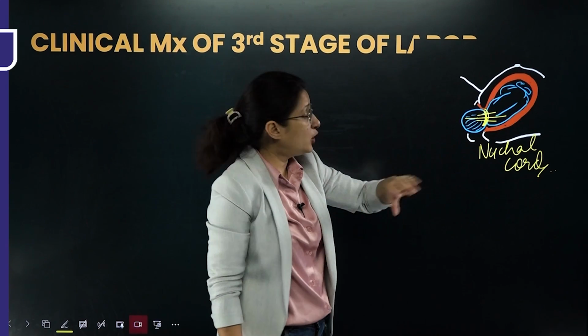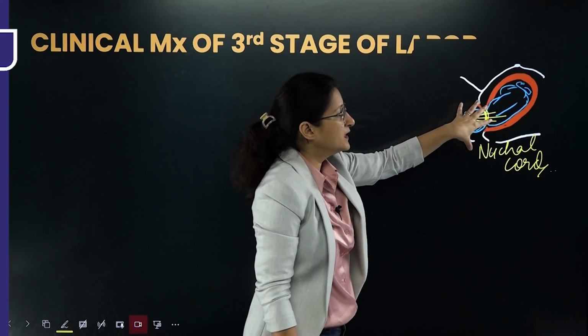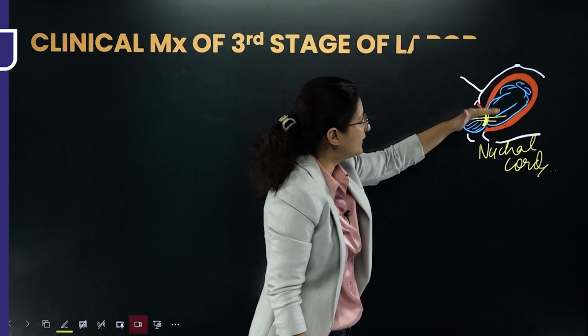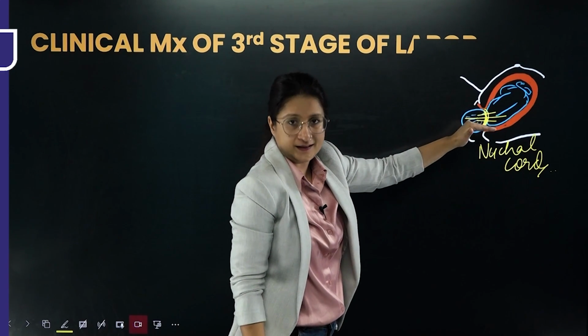Why? Because when you clamp it like this, you have interfered with the circulation. You've interfered with the link between the maternal and the fetal circulation right there when you clamp and cut it.